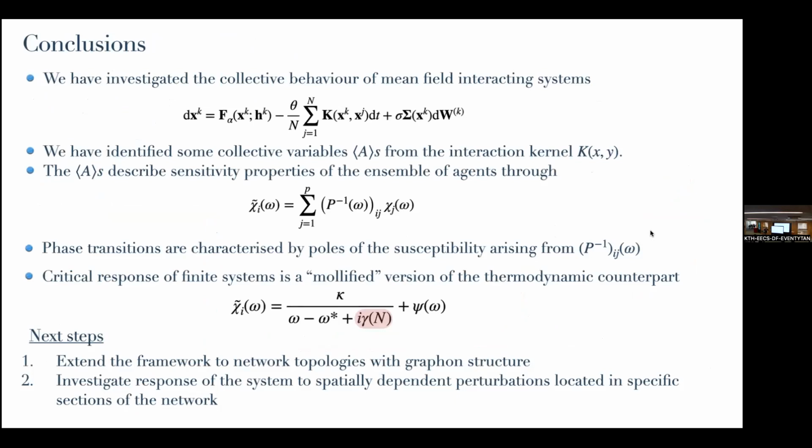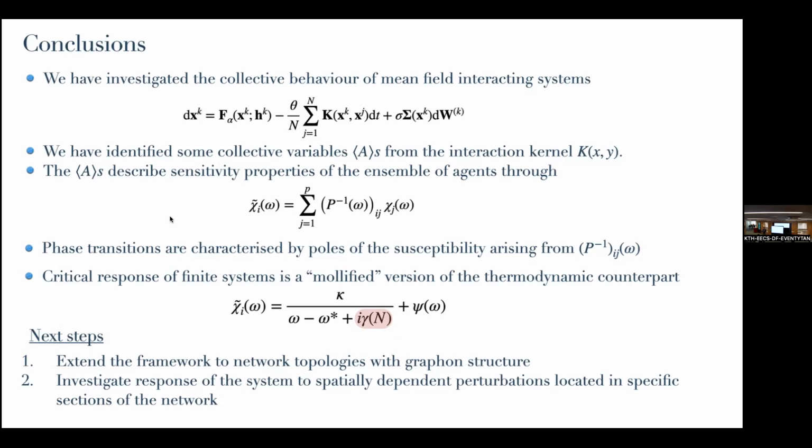Just going to the conclusions, we've looked at mean field interacting agents of this type, where we have a mean field interaction. By looking at the interaction structure among the agents, we have identified some collective variables, and we've shown that these collective variables completely describe the response properties of the system through this formula here.